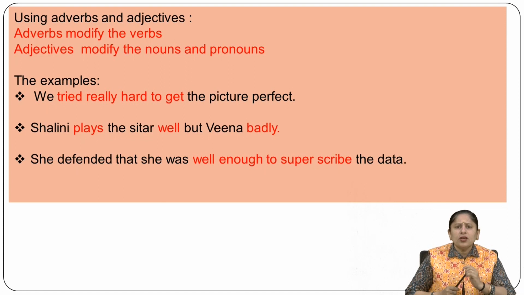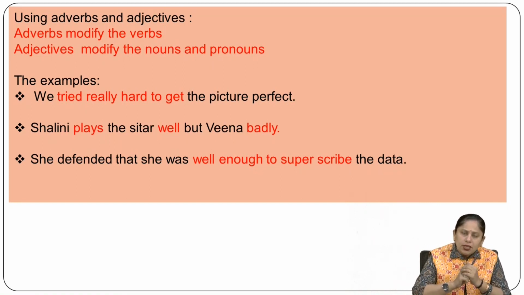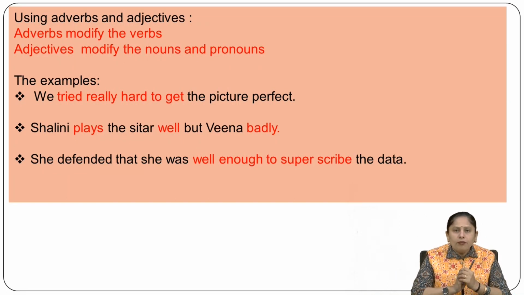Adjective modifiers mostly come in the beginning of the nouns or pronouns, and adverb modifiers mostly prefer to come after the verbs or before the verbs, but their position is very important because they are adverbial modifiers, so they must be adding something about the verb, about the action of the sentence.